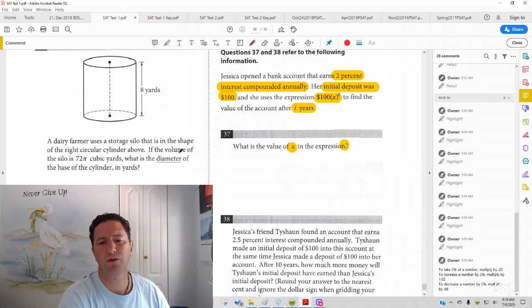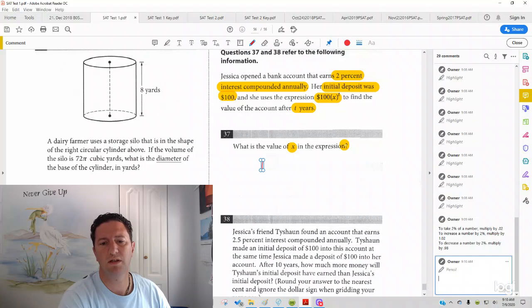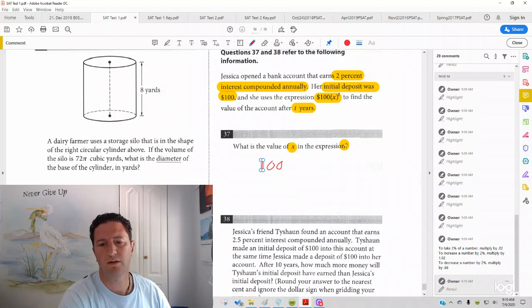But again, if we were to do the proof for it, most students would take 100 and subtract 2% of 100. If I take that 100 out, then it becomes 100 times 1 minus 0.02. So you do it all in one shot by doing 100 times 0.98.